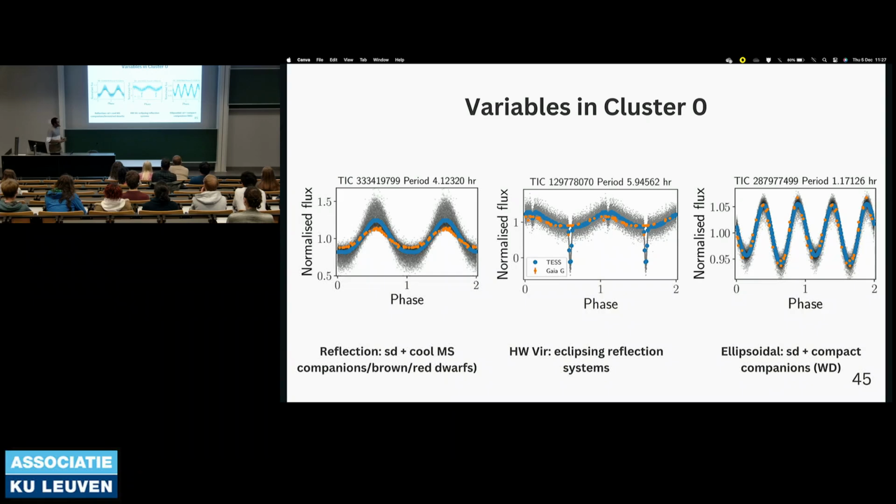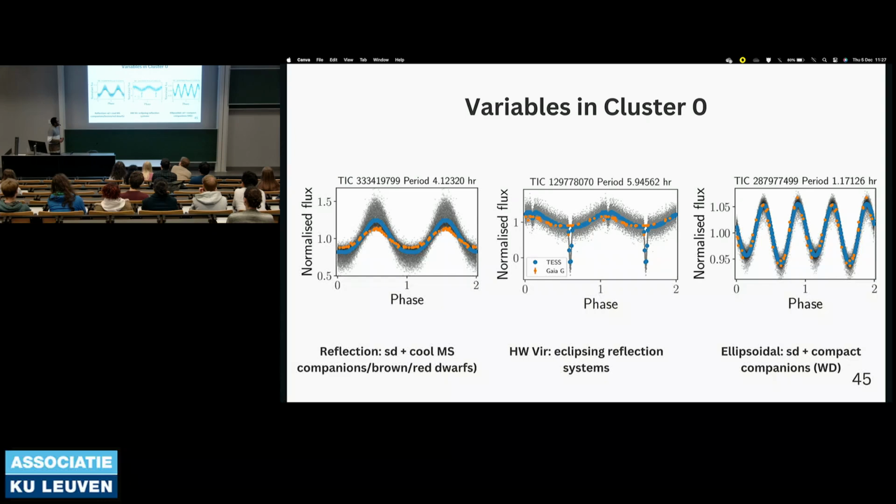And on the right, an example of ellipsoidal variables we found from this cluster 0. And as you can notice, we also overplotted it with the TESS light curves.